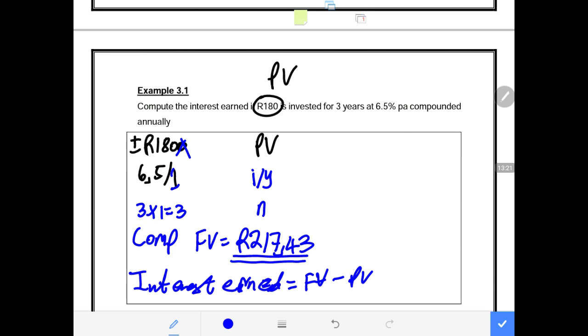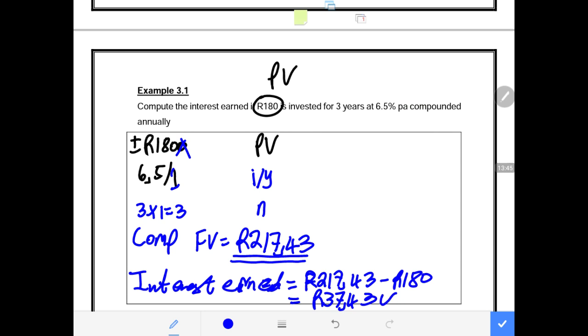The future value is an amount of 217 rand 43 cents minus the present value of 180 rand, and this will give us the same amount of 37 rand 43 cents. Apologies for that 1.8, but it's just 180.